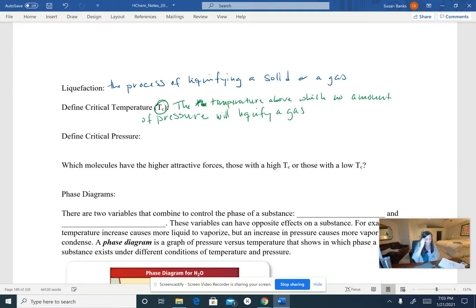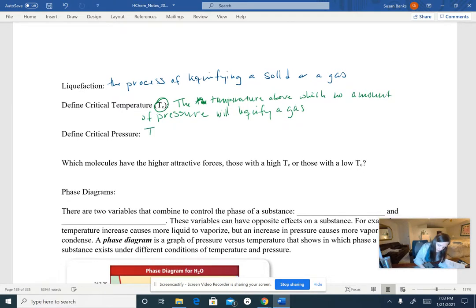Okay? Critical pressure. This is the pressure, and we will define this as P sub C sometimes, that is required at the critical temperature to liquefy a gas.